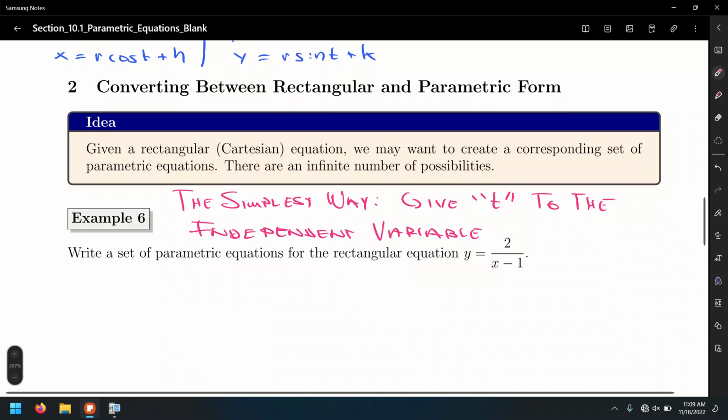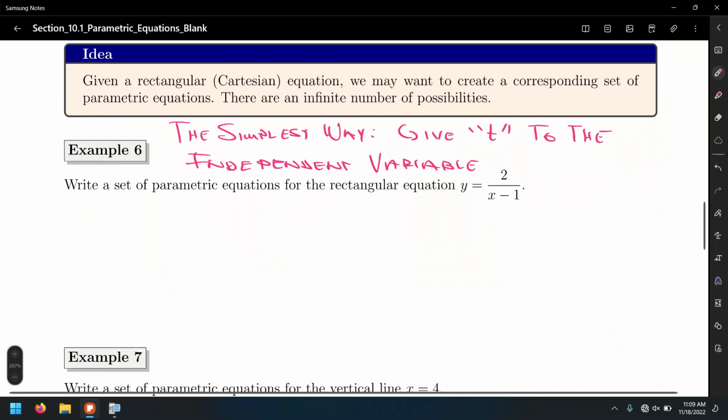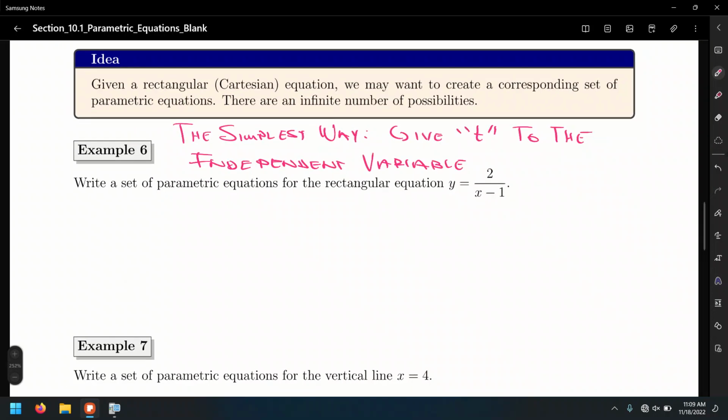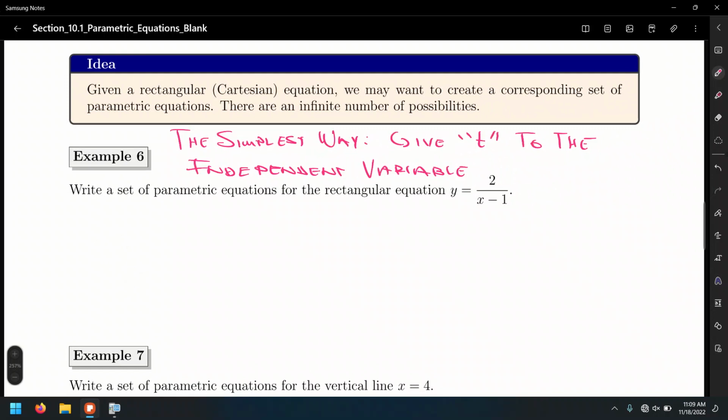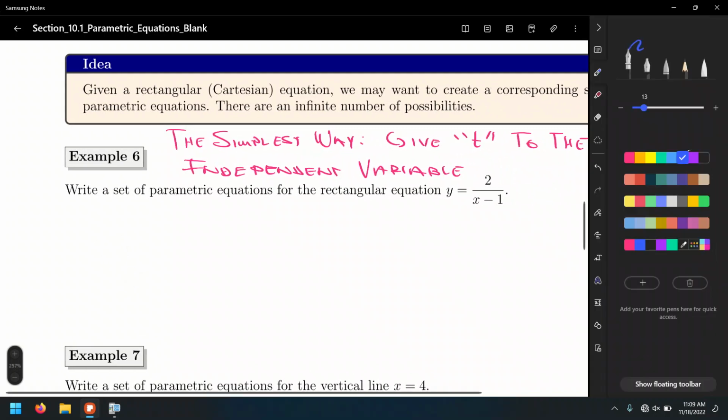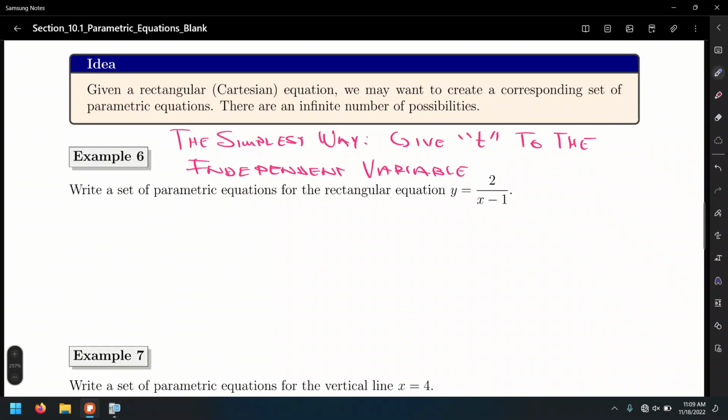Well, example number 6. Write a set of parametric equations for the rectangular equation y equals 2 over x minus 1. All right. So actually, I'm not going to do only one version. I'm going to do a few versions. You'll see. So number 1, going the most natural way, the simplest way, give t to the independent variable.